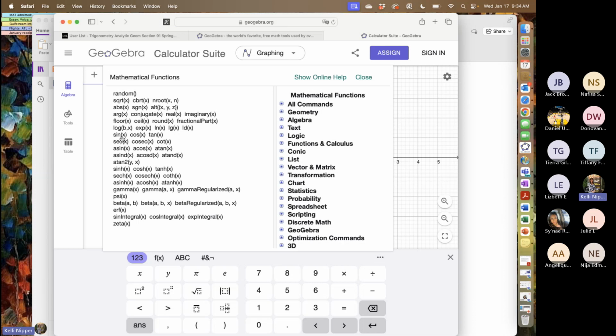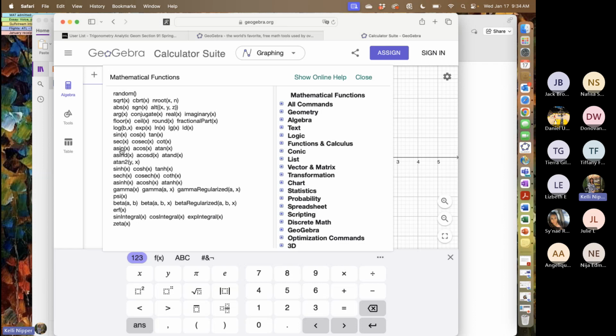For example, here's your sine, cosine, tangent, secant, cosecant. This is the way they do it there, or you can do A for cosine, meaning arc cosine, and arc cosine meaning the reciprocal function. These are the ways they have it defined. If you are unsure, click on the 3 dots and it will help you see what your exact function needs to look like in order to use it.